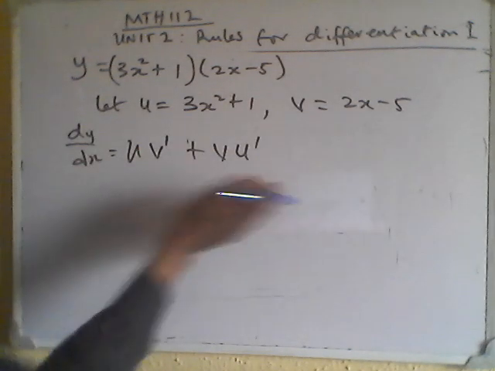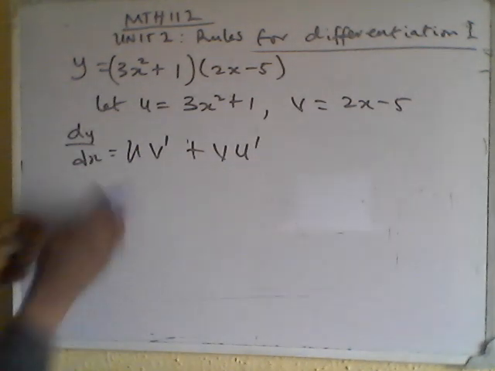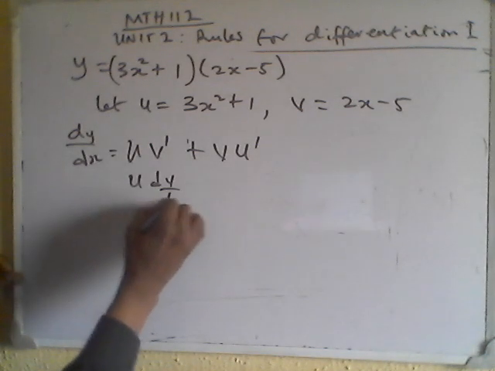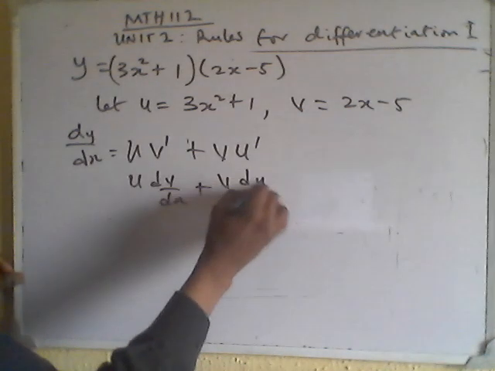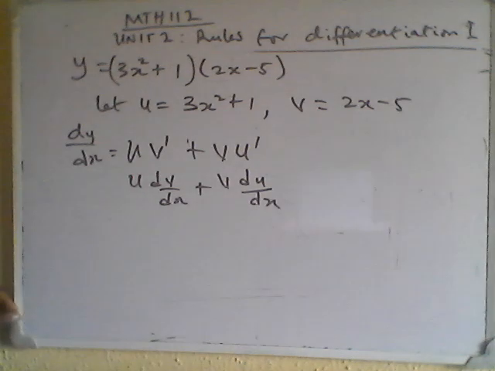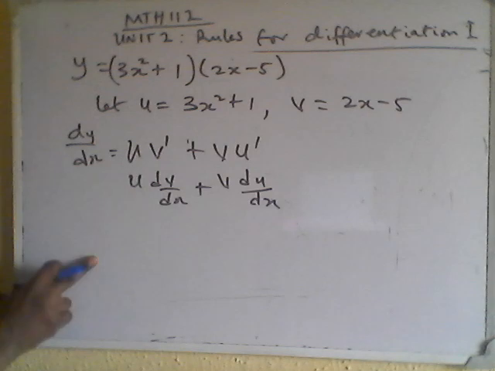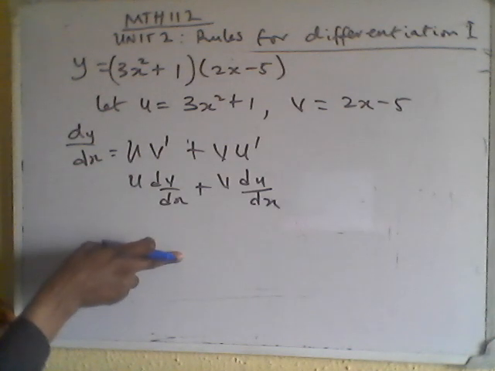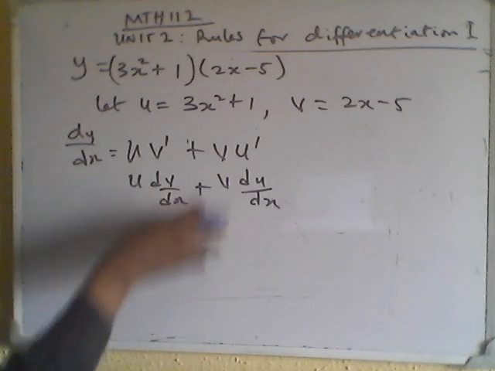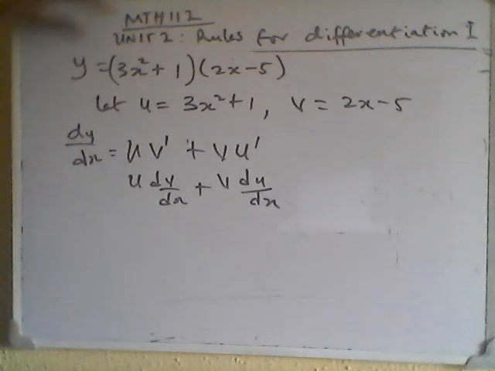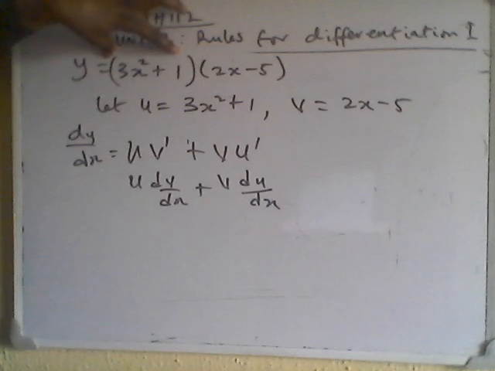This is the product rule function. Okay, so you can write it out like this, or you can write u dv dx plus v du dx. Just make sure that one of them is standing alone, the other one is being differentiated. Then you flip it, the other one is standing alone, and the first one is not differentiated. Understand? So let me go to this one. So this is what I'm differentiating.